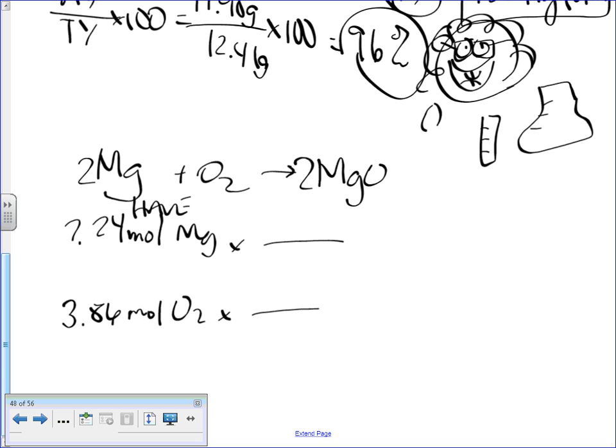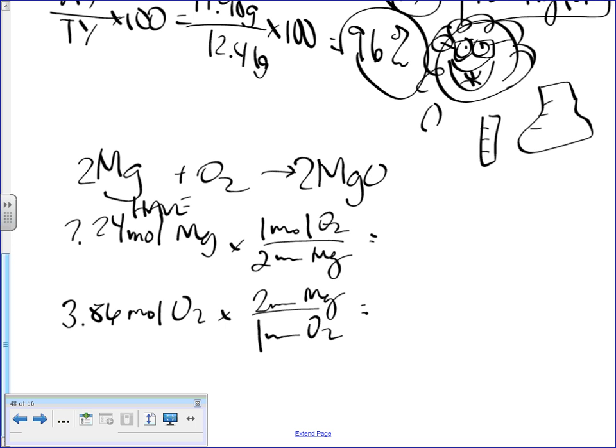So what's the ratio? 1 mole of oxygen for every 2 moles of magnesium, and then vice versa, 2 moles of magnesium for every 1 mole of oxygen. Okay, you can do this in your head. 3.62 moles of oxygen. That's how much you need.